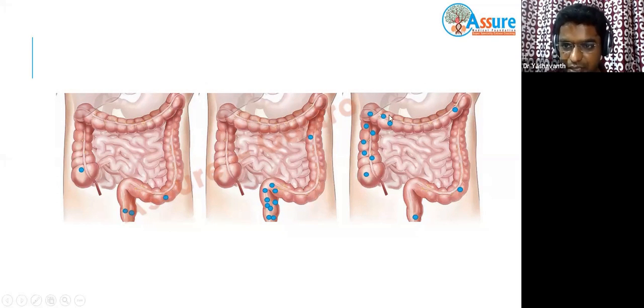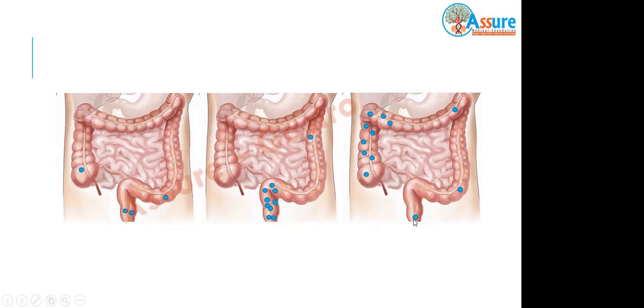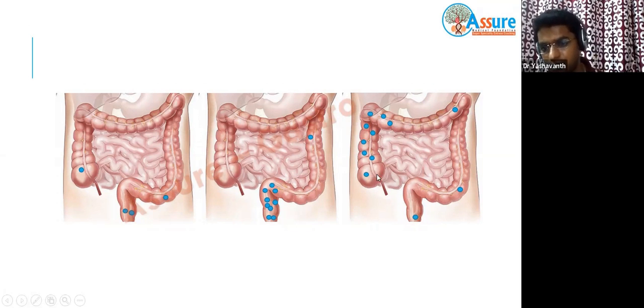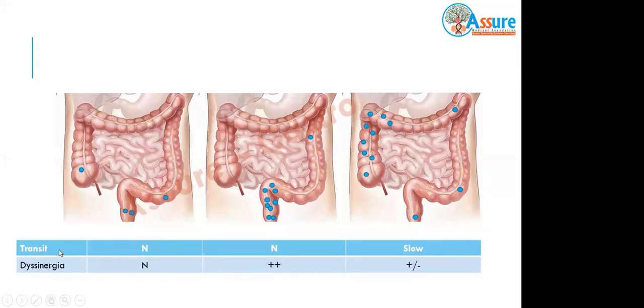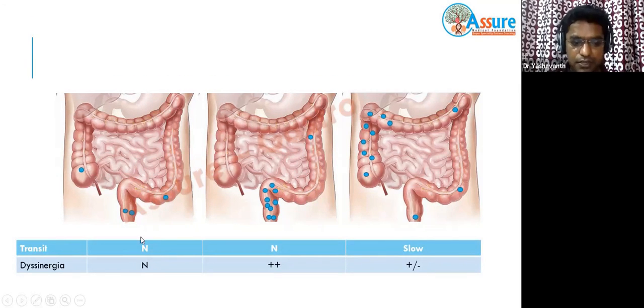But if you get something like this, where you have the radiological markers present throughout the colon or more on the right side, it means it is not being propelled to the left side, which means it is very slow. It is slow transit constipation. So in the first one, the transit is normal, there is no dyssynergia. Whereas in the second one, the transit is normal, but there is dyssynergia, meaning the stools have reached the rectum but they are unable to pass out.